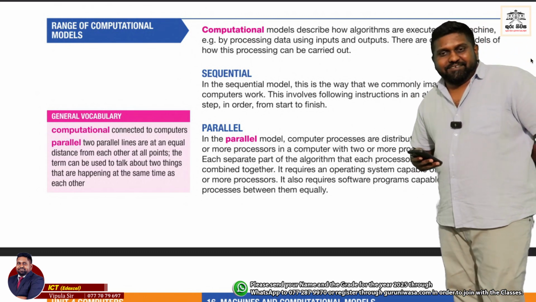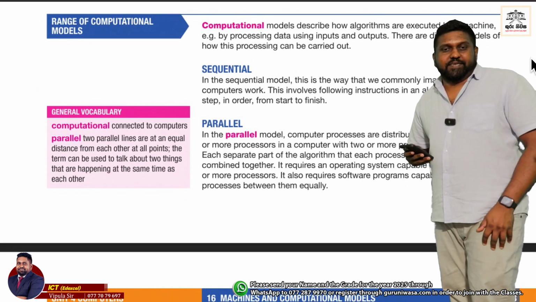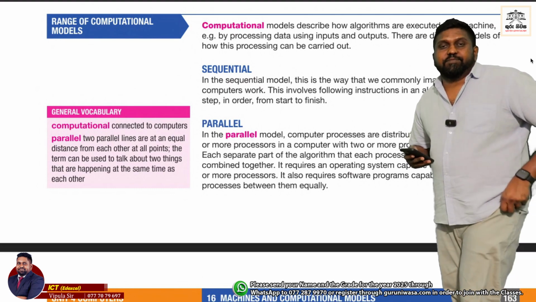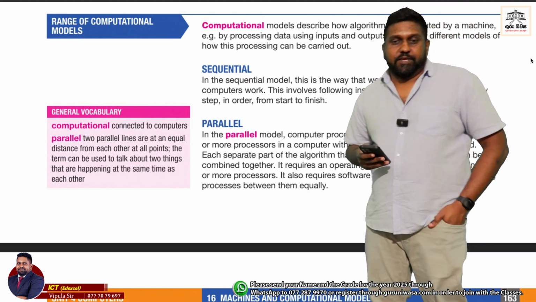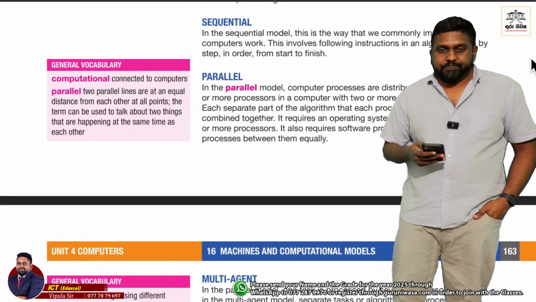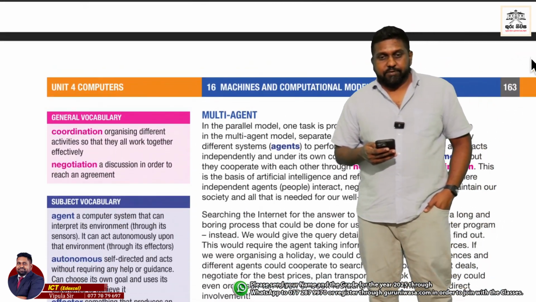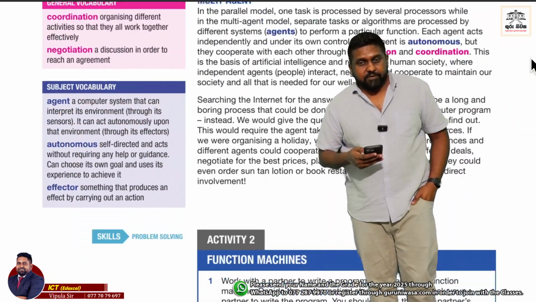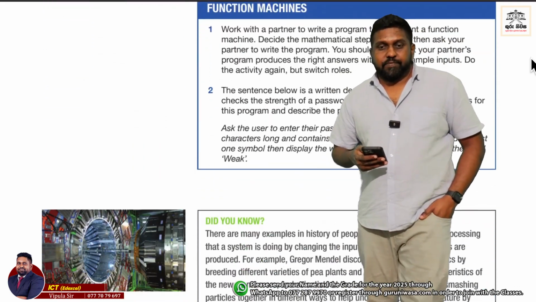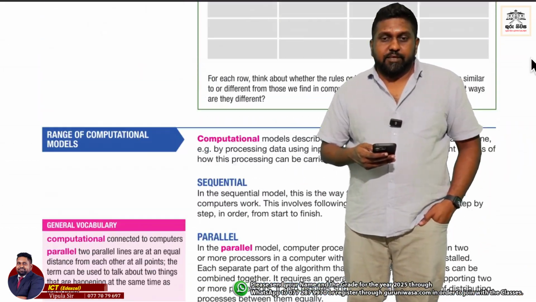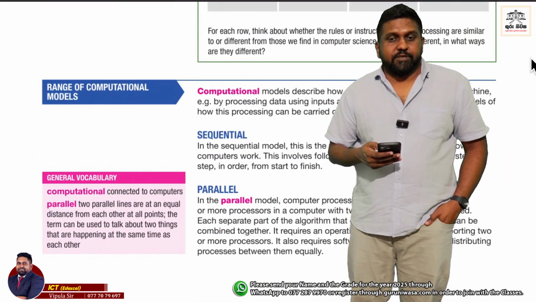Computational model means basically how some data set is being processed. We have three different types of computational models which we talk about in your particular curriculum. So let's see what these computational models are.